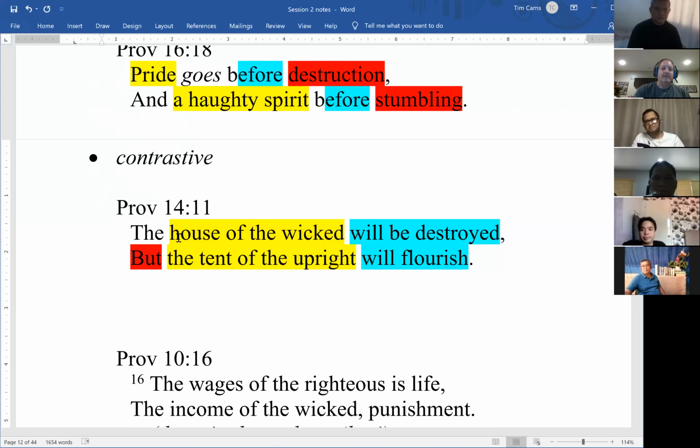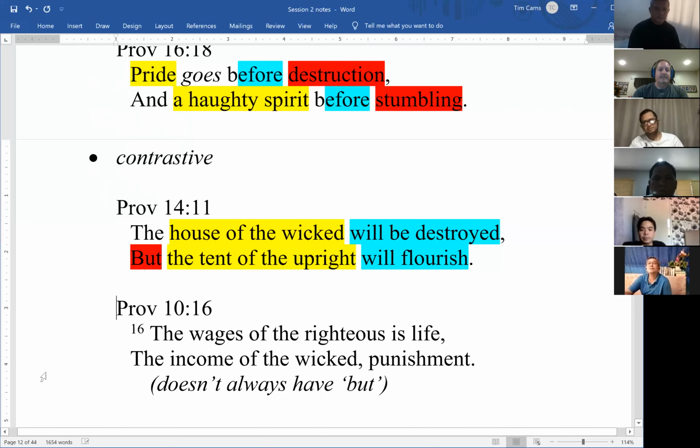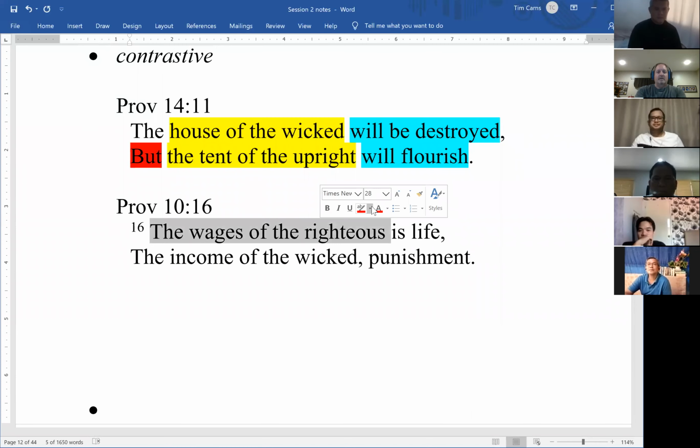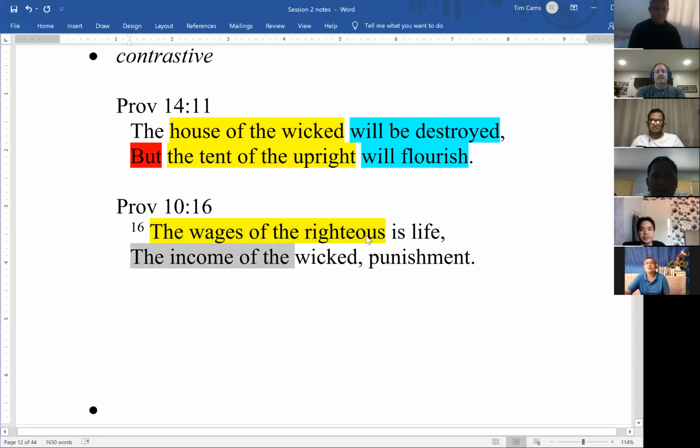Okay, now not every contrastive passage will have a but in it. Notice Proverbs 10:16. The wages of the righteous. Okay, and what's that compared to? Income of the wicked.